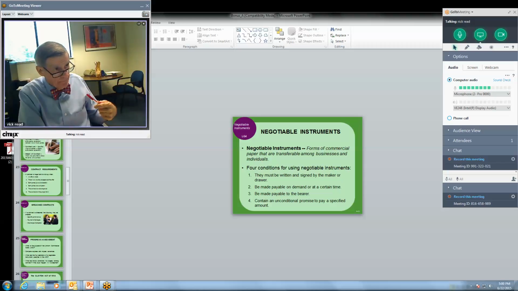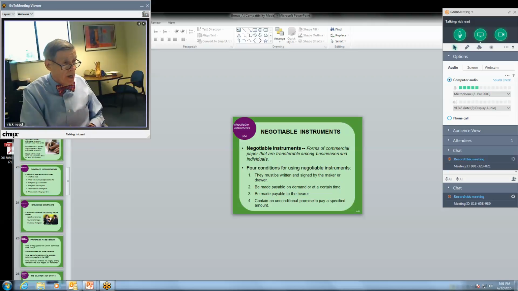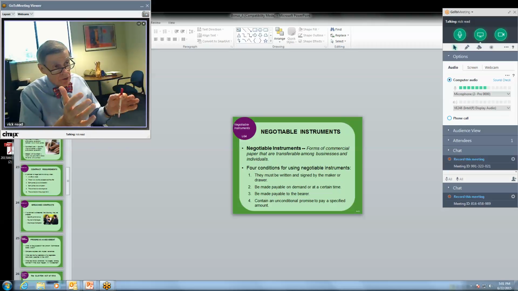It's like a stock certificate. We talked about stock certificates back in chapter 19. I own a stock certificate from Coca-Cola. Actually, my wife and I own some stock certificates from Coca-Cola. And I mentioned to you in chapter 19, most companies don't issue certificates anymore.